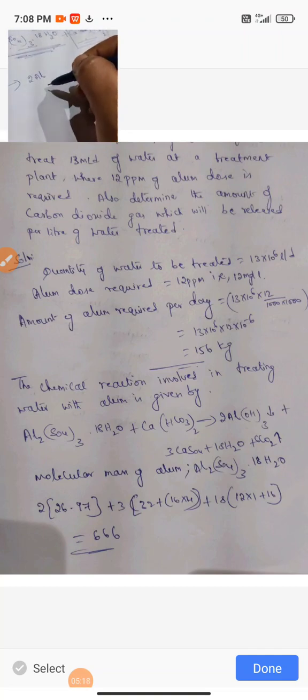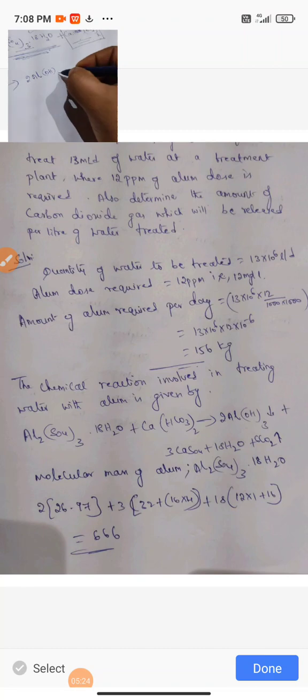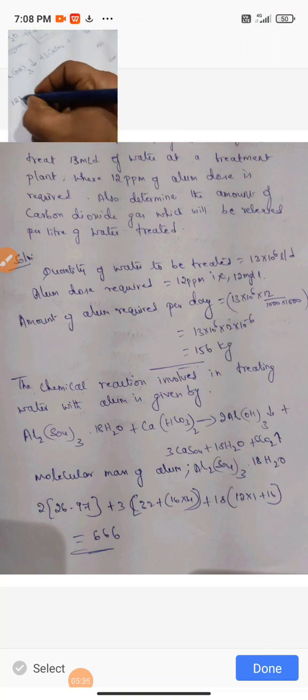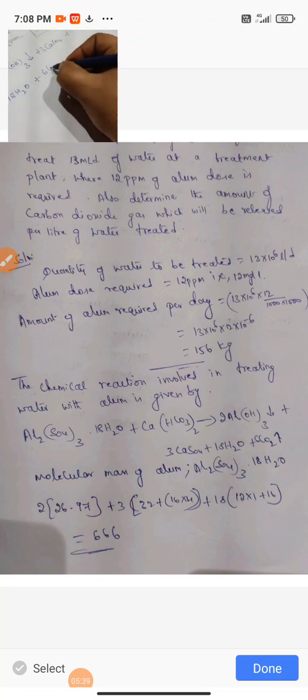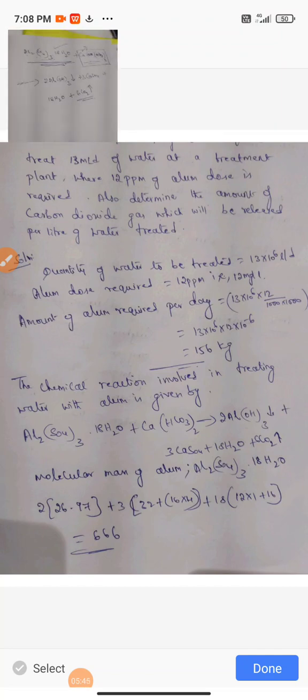The reaction gives 2Al(OH)3 plus 3CaSO4, calcium sulfate, plus 18H2O, plus 6CO2. The carbon dioxide gas is evolved when the alum is added to the water.